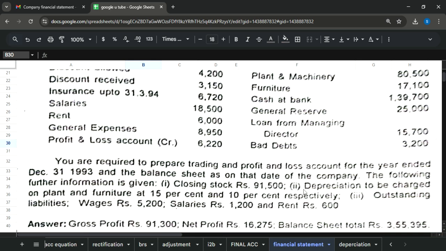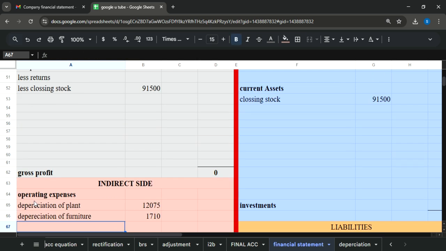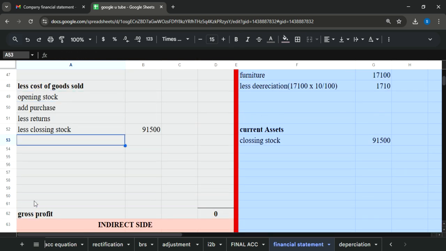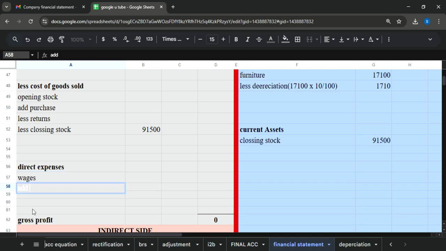Number 2. And now number 3, outstanding liabilities for wages. Wages are part of the direct side. So here we will be introducing the direct side over here. First we will mention wages, and since it is outstanding, we will write outstanding, it would be added.